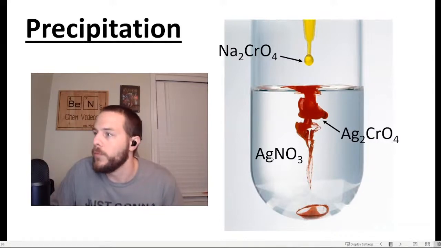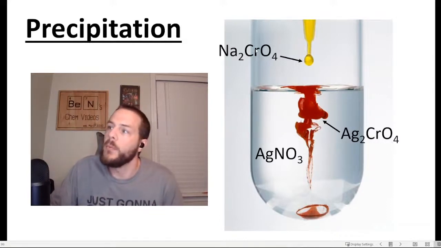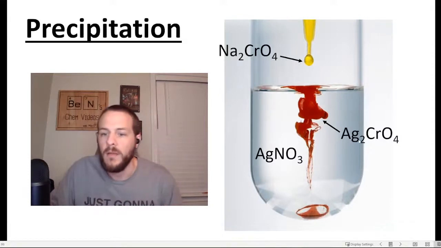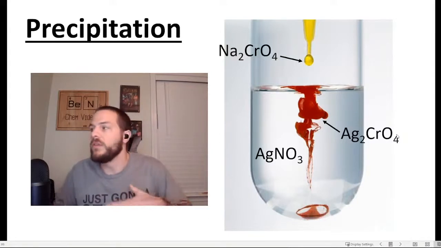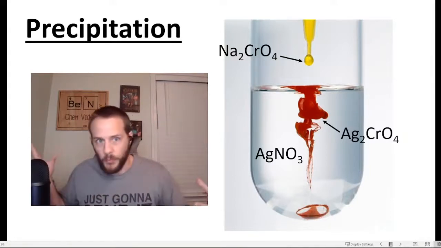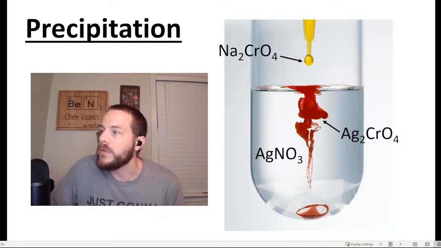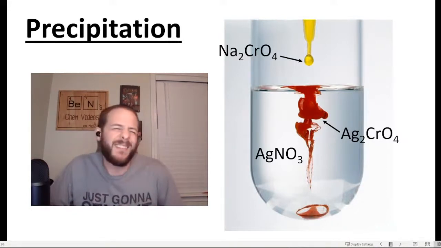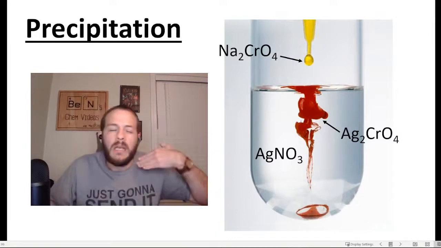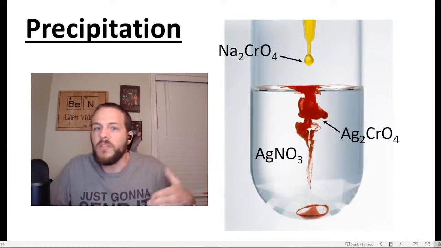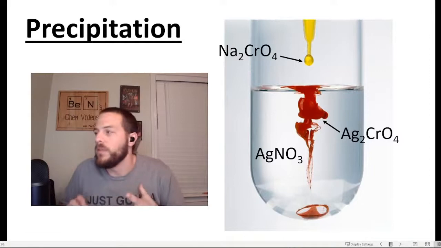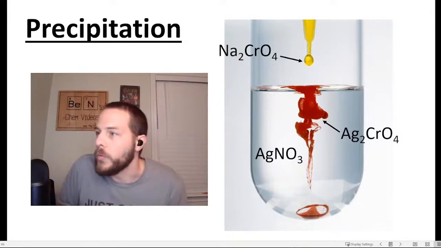The silver ion from the silver nitrate pairs up with the chromate ion of the sodium chromate, and silver chromate would be considered insoluble according to the solubility rules table that we've all seen before, right? But in reality, we understand now that silver chromate isn't necessarily insoluble. Insoluble is just an extreme in a continuum. It really just has a very, very low solubility. In other words, it has a very, very low value of KSP.